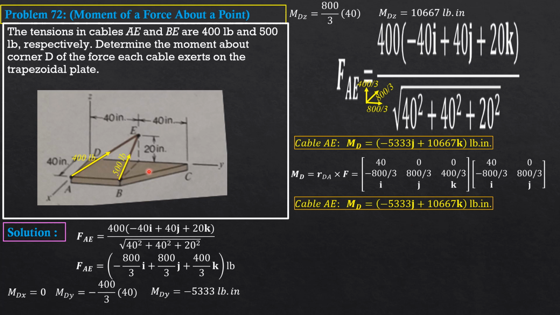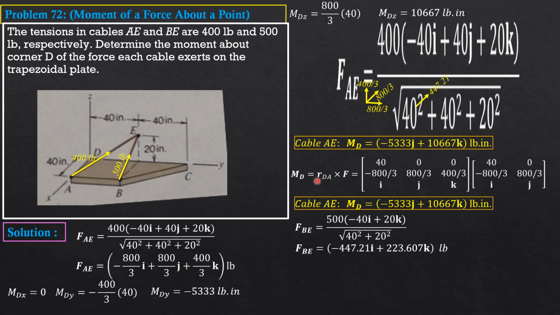Now for cable BE, the force is 500 pounds and it is directed backward 40, upward 20. So in vector form, 500 times negative 40i plus 20k over the square root of 40 squared plus 20 squared. So the components are along x negative 447.21, along z 223.607.